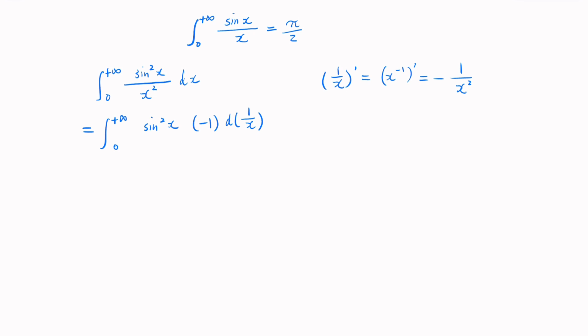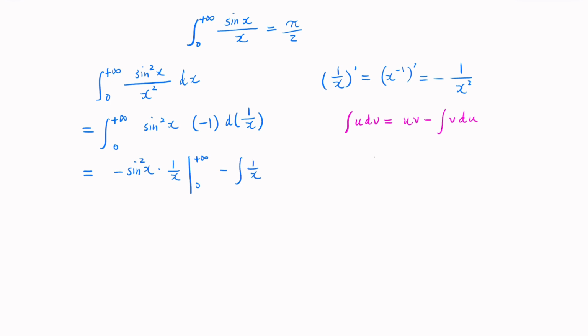The integration by parts for u dv is going to equal uv minus v du. So here, what we have is negative sine square x times 1 over x, right? Here's this u, and minus v, which is 1 over x, and then du, right?